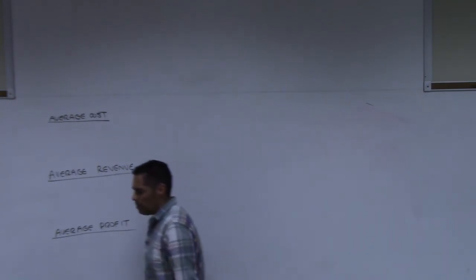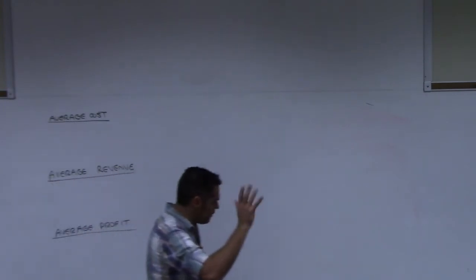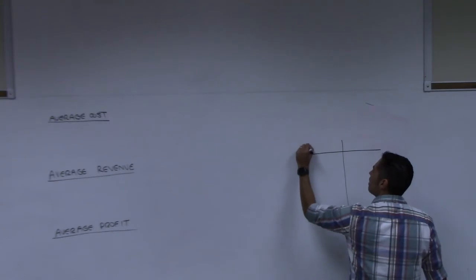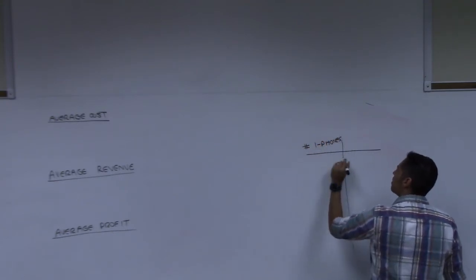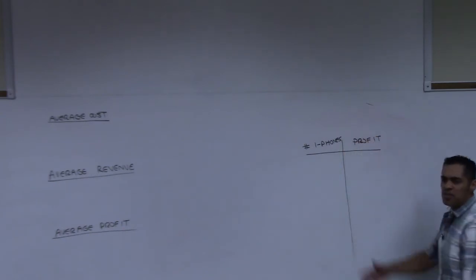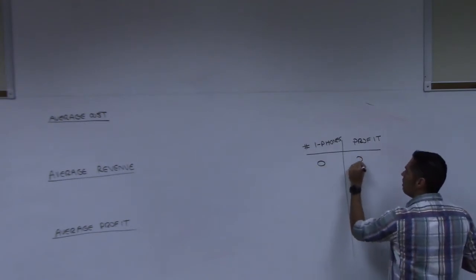So let's see if you can keep up with this. Let's say, just as something for you to think about, I give you a table right here of something. This is going to be the number of iPhones we sell, and this is going to be our profit. I'm just going to make up some information here. If we sell 0 iPhones, we're going to have 0 profit.